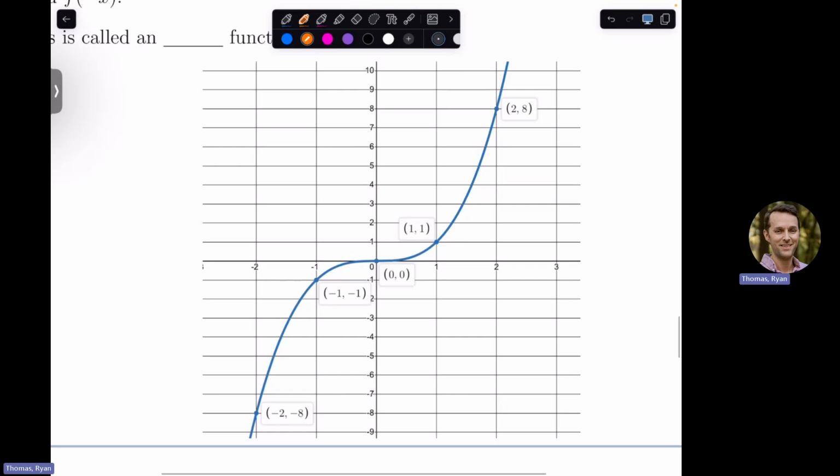We continue. It's not symmetric, right? It's the same number. It's two and eight. I just gave you a couple of points.